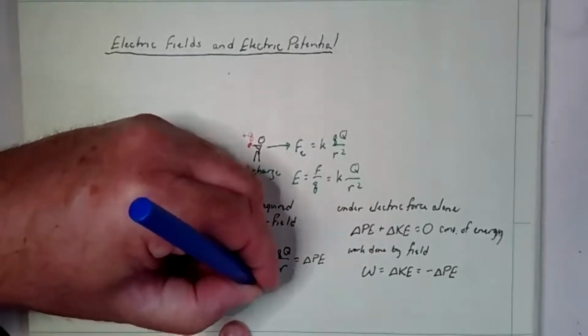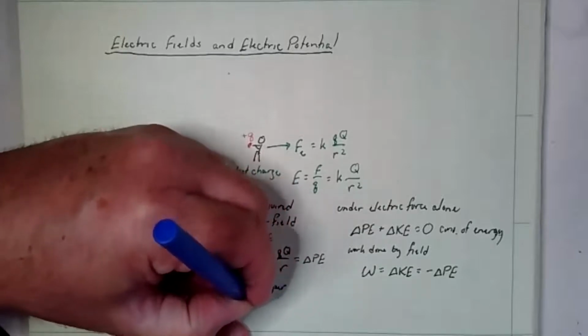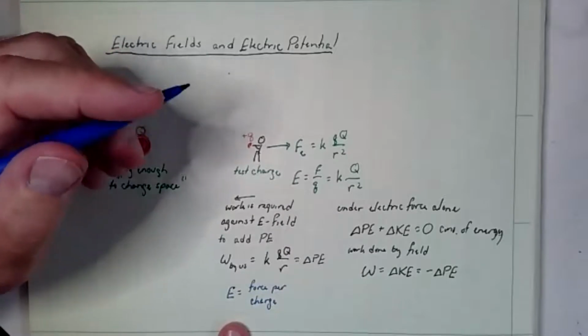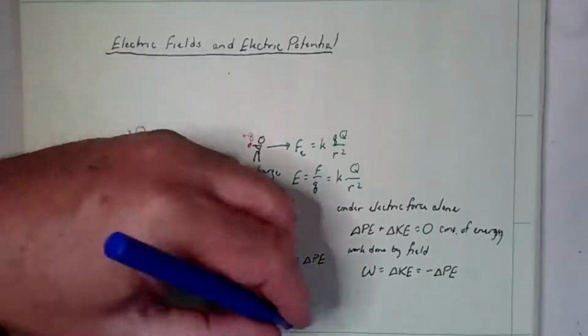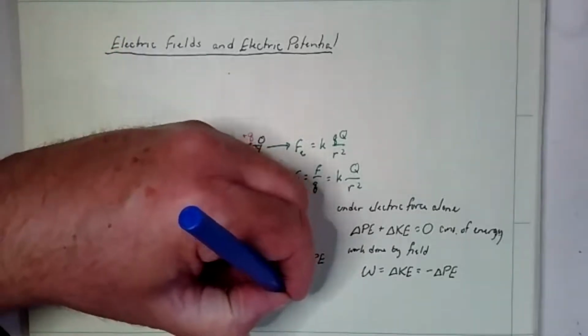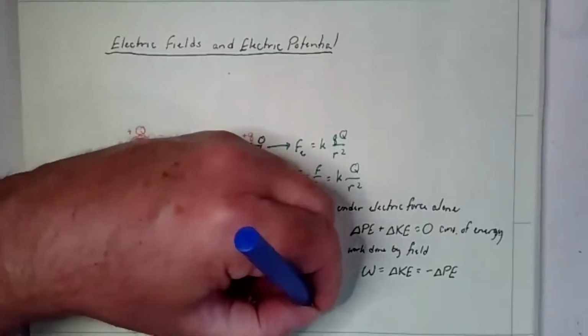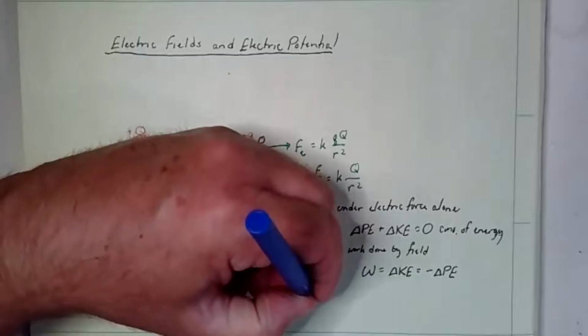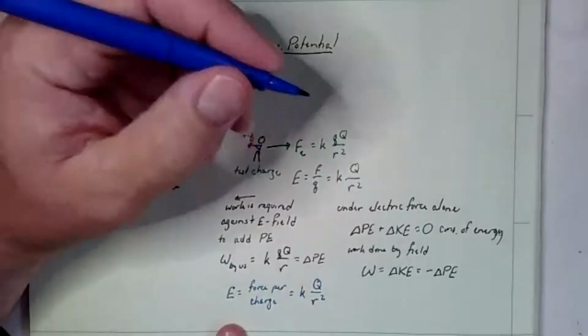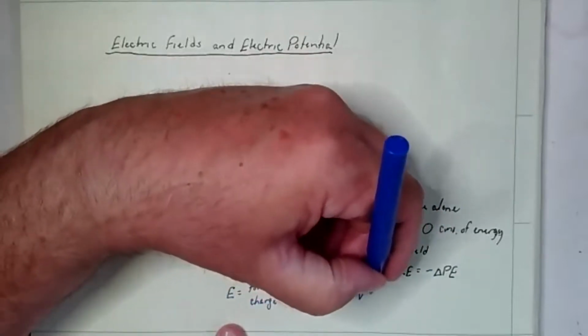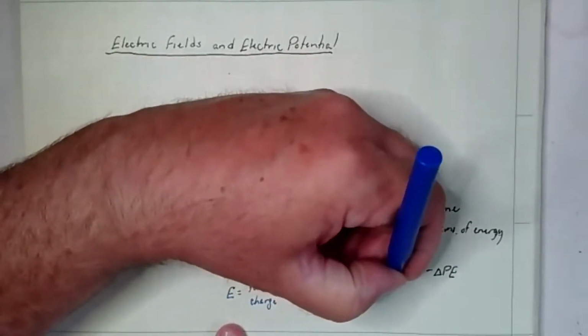So force per charge. We do similar things in mechanics when we talk about fluids because fluids are kind of amorphous, and so instead of talking about mass, we talk about density. And then our electric potential is energy per charge.